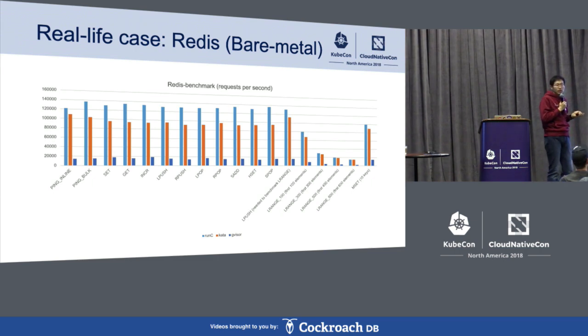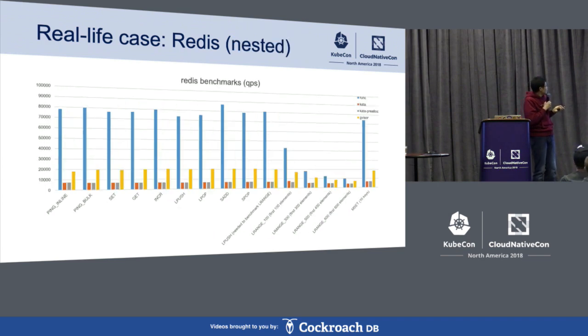I think that mostly comes from the networking part, because the networking of gVisor in other tests also shows not so good. The next slide must be about the nested virtualization part. The middle ones are different configurations of Kata, the blue is runc, and the yellow one is gVisor.